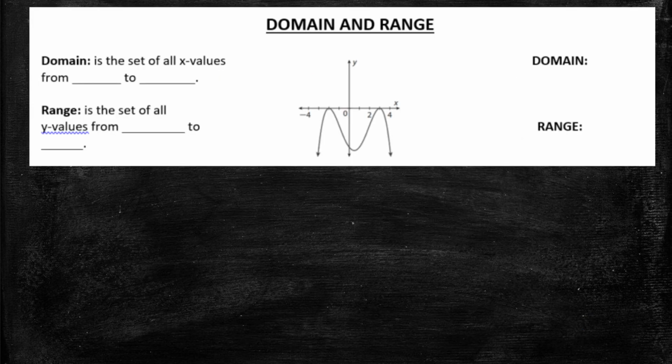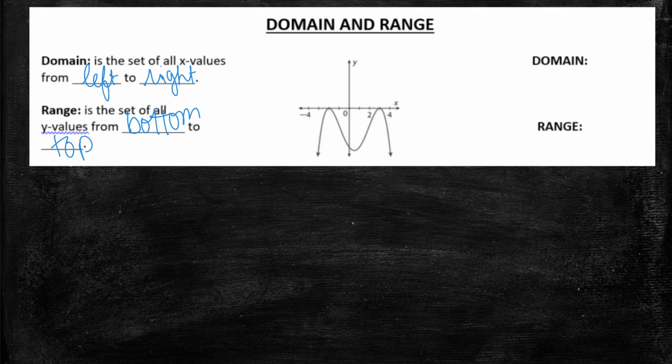Okay, remember about domain and range. Domain is the set of all x values from the left side to the right side. So you are going to have to write domain, and remember you want to look at the left side to the right side. For range, it's the set of all y values from the bottom to the top.